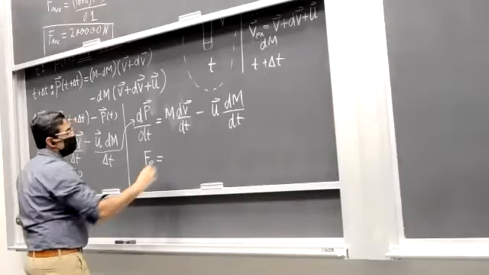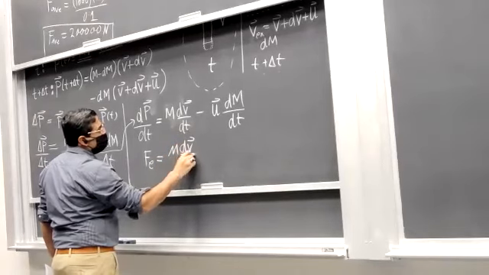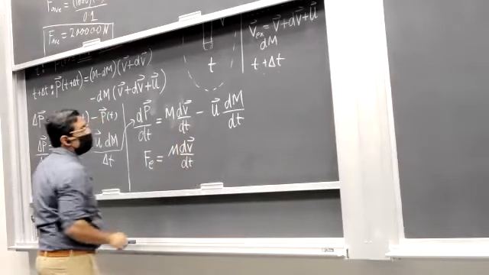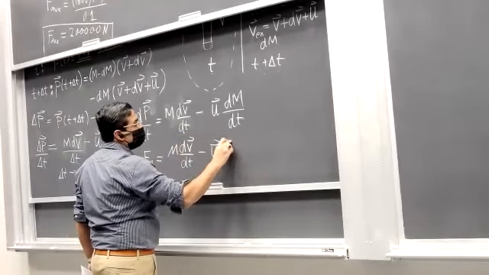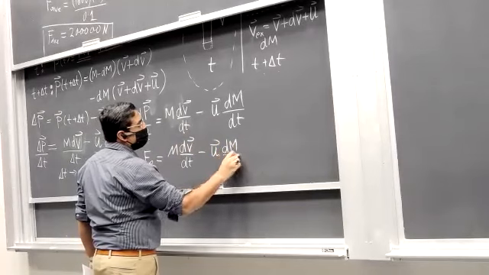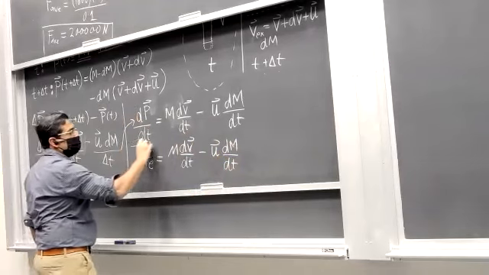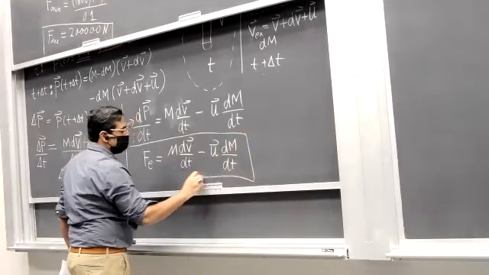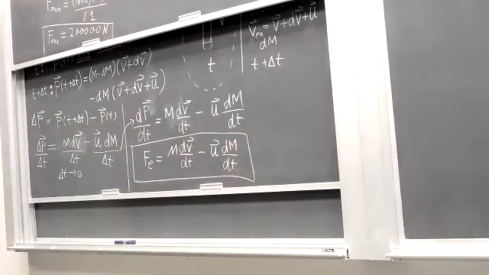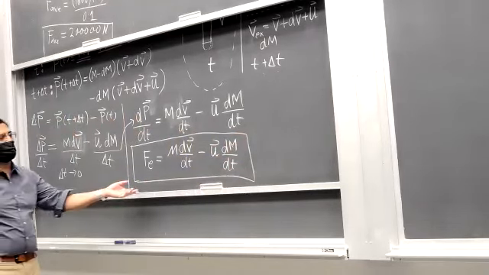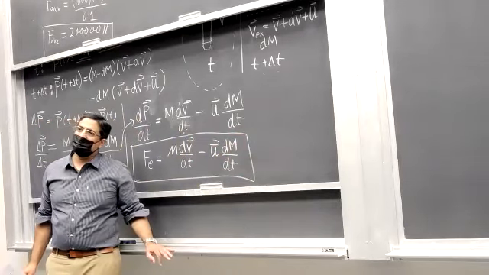External force is equal to m dv over dt minus u dm over dt. And this is the rocket equation, the most basic form of the rocket equation. Okay, this is the fundamental equation when you're dealing with systems which involve variable mass.